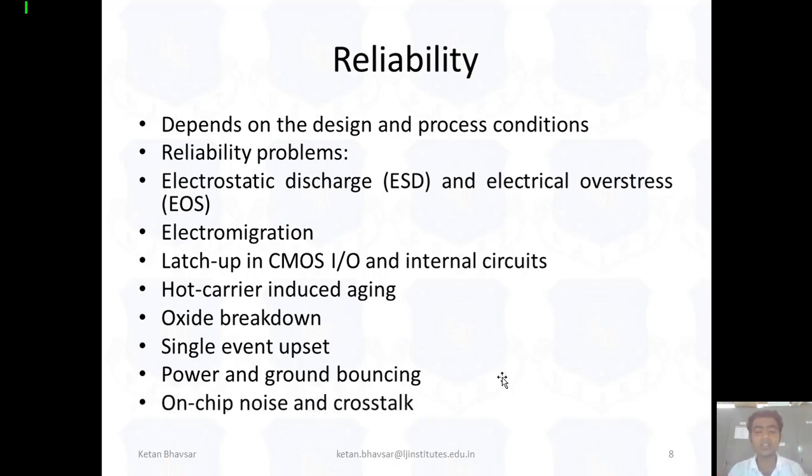On chip noise and crosstalk: if you are designing a very compact chip and the connections are near each other, then it may generate crosstalk and noise. So we have to make sure the connections are proper so it will not generate crosstalk and noise.